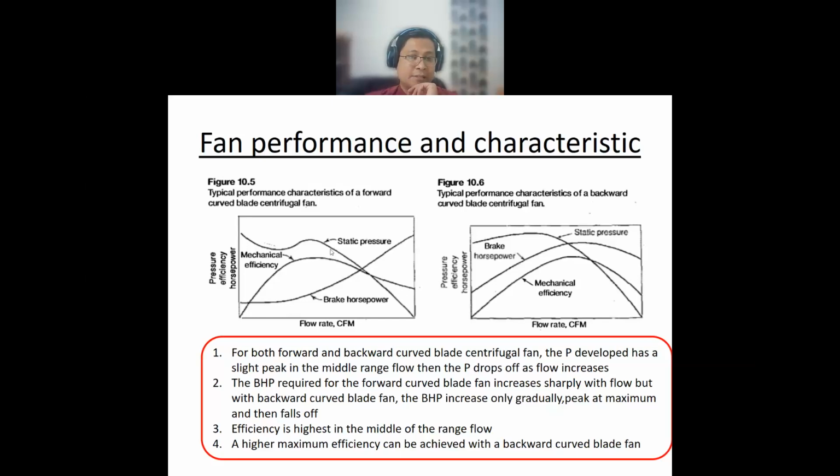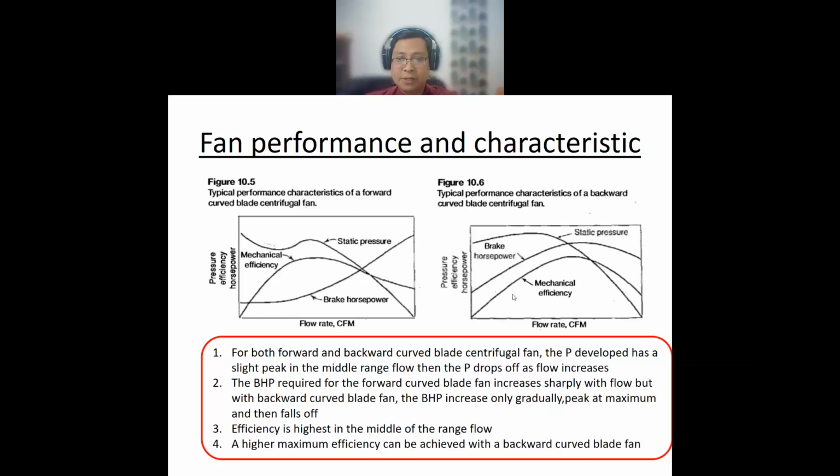What we need is to maintain the static pressure high, so we can deliver the air distribution. So maybe around here, we can meet good performance.